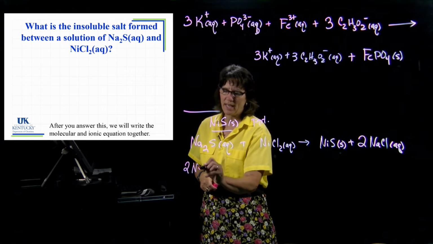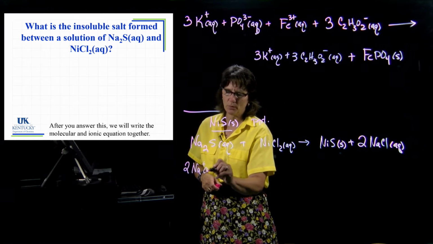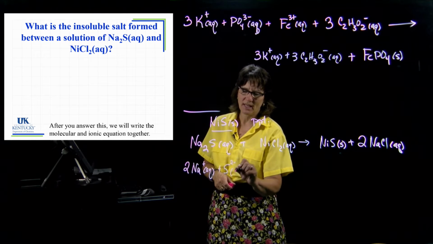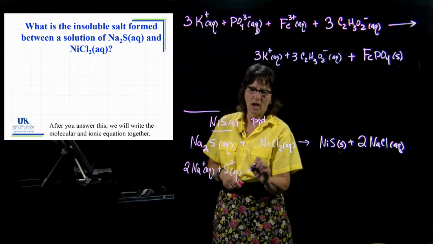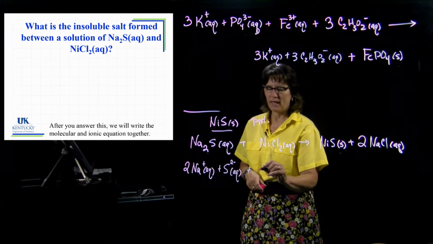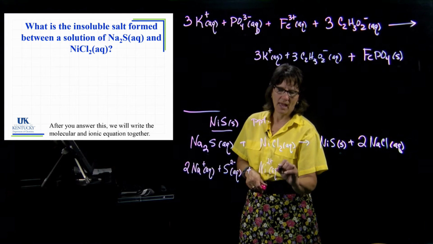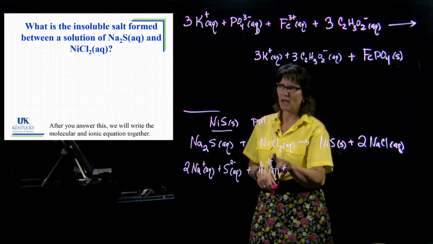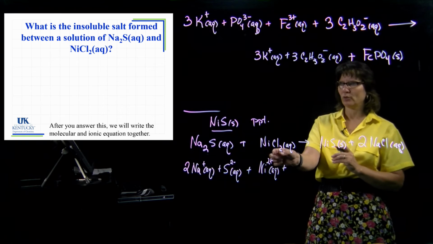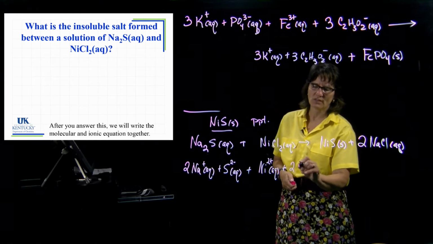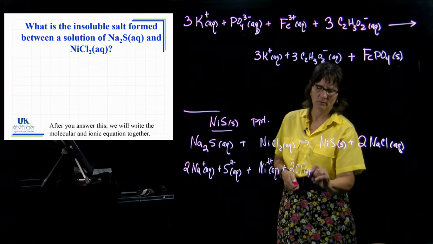So I have 2 Na plus, that's aqueous. I have 1 S2 minus, that's aqueous. I have the nickel, and the nickel's got a 2 plus charge, and it's aqueous. And the chlorine, it's a monoatomic ion as well. It is not a diatomic molecule here. This is a monoatomic ion in this compound. So there's 2 Cl minuses, and that's aqueous.